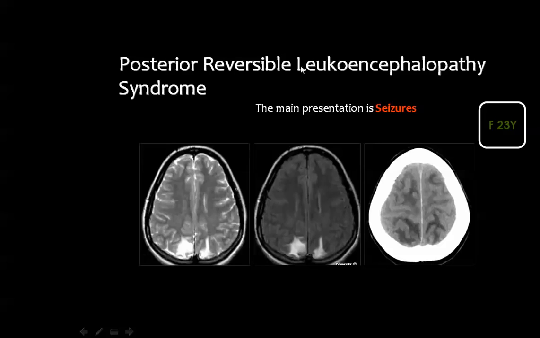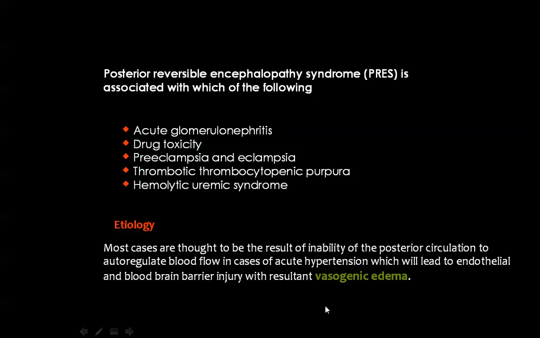The main presentation of this encephalopathy is seizures, and this is a well-known presentation for the posterior reversible encephalopathy syndrome. Many causes will result in this syndrome, and mostly they are responsible for the sudden increase of the blood pressure, like acute glomerulonephritis, drug toxicity, preeclampsia and eclampsia, thrombocytopenic purpura, and the hemolytic uremic syndromes.